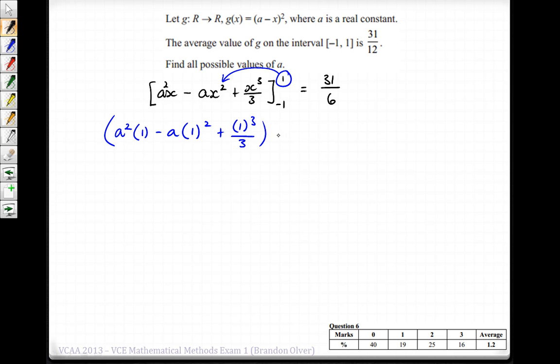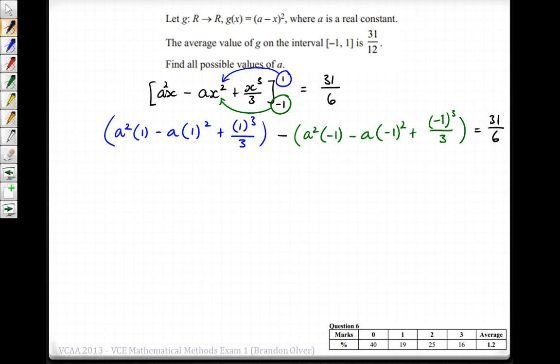Next, I'm going to subtract off the green, the -1, multiplied into the anti-differentiated function. So I'm going to subtract off a squared times -1 minus a times negative 1 squared plus negative 1 to the power of 3 on 3, and then that's all still equal to 31 on 6.